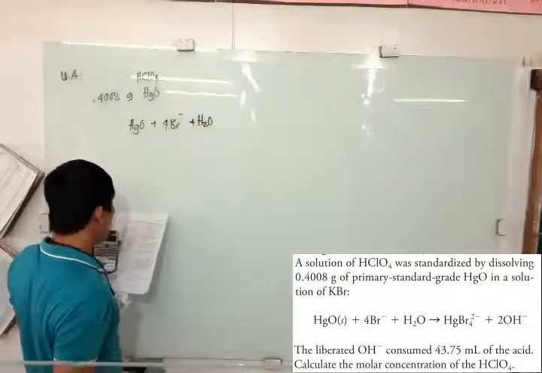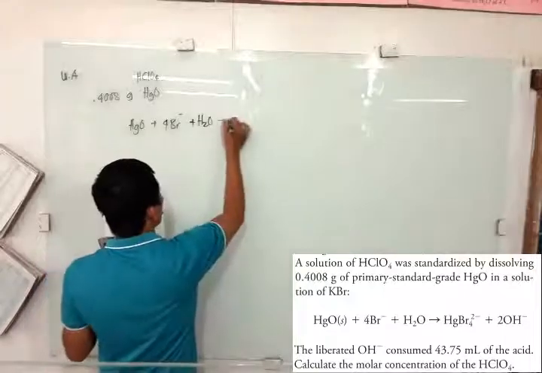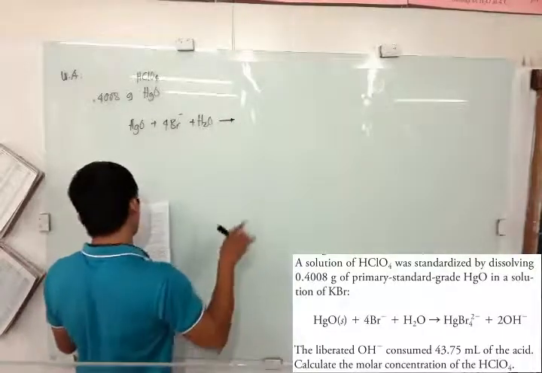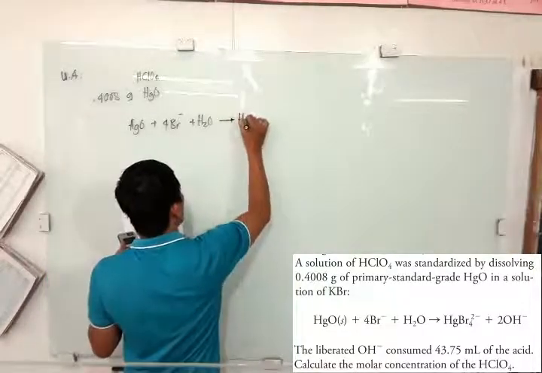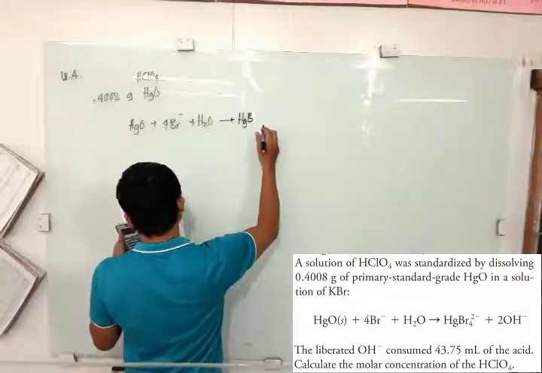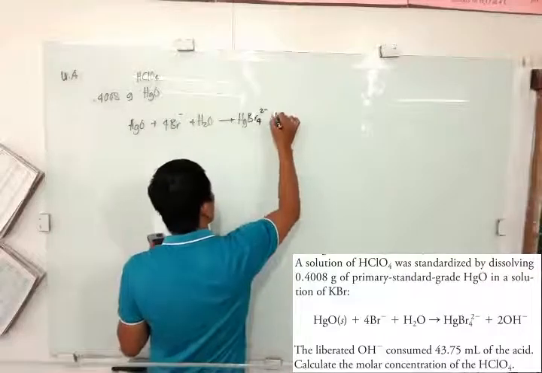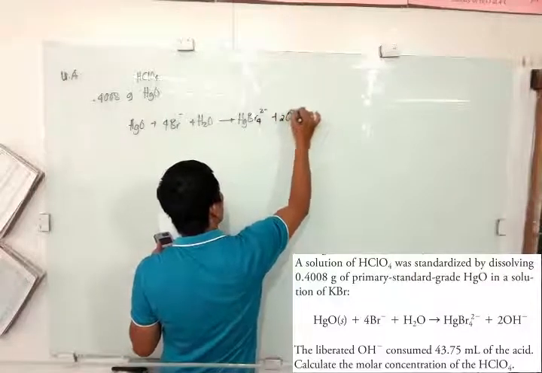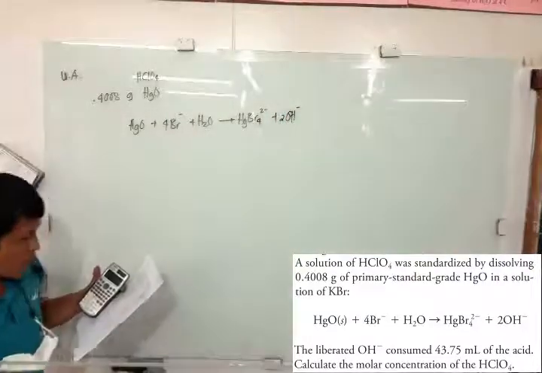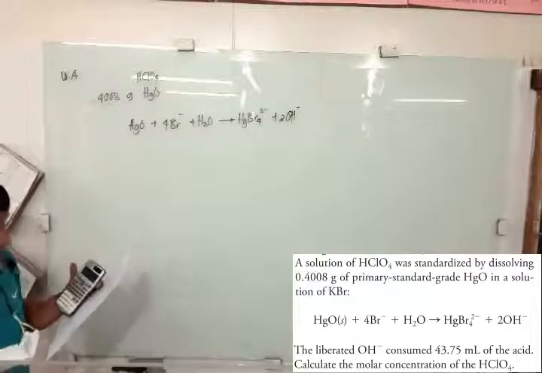So these are, I think, the most important things that I have to ponder on whenever I'll be solving problems for titration. So as you can see how I manage to analyze.